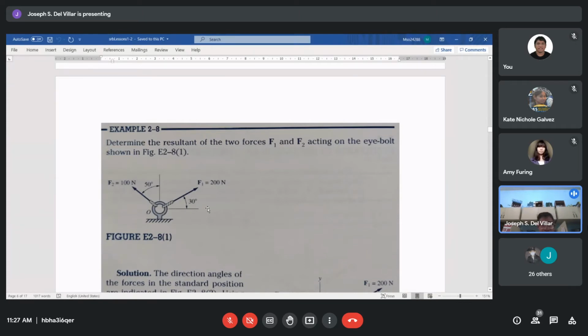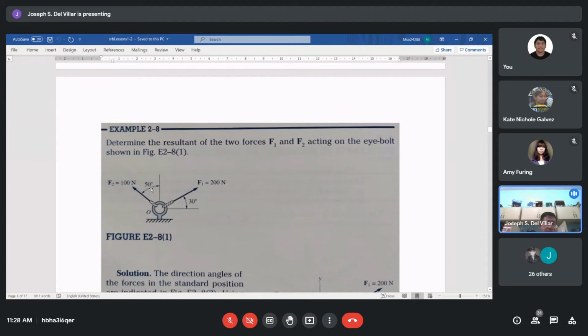So this is positive x, and this is the positive y. Now, another force acting on the eye bolt is F2 with 100 newton force, directed 50 degrees with respect to the positive y-axis.